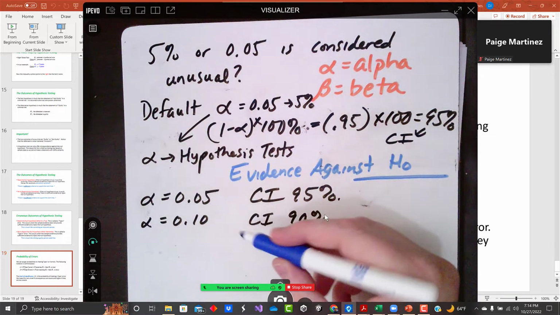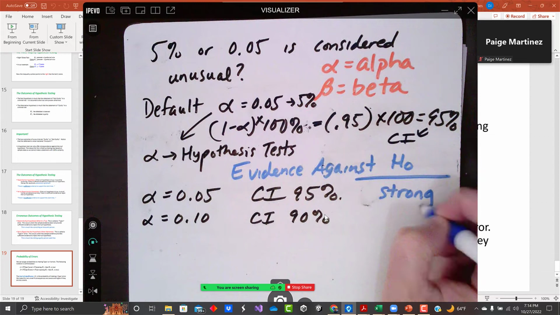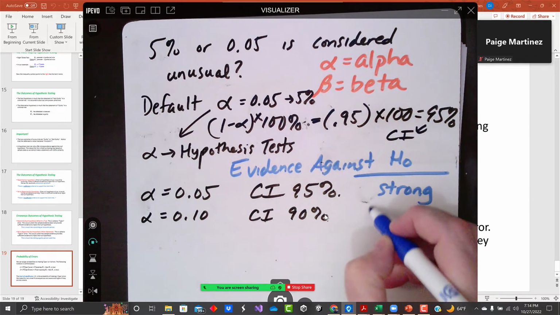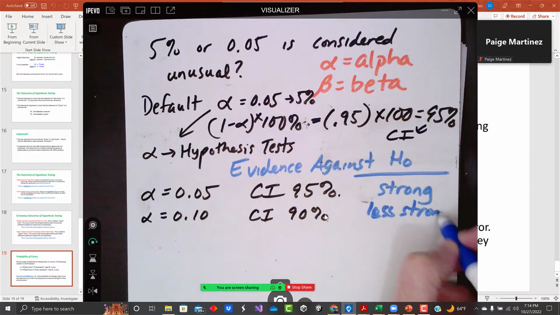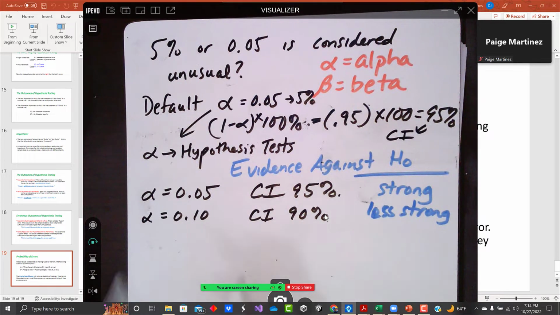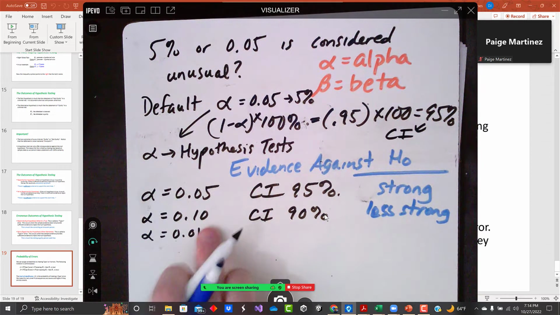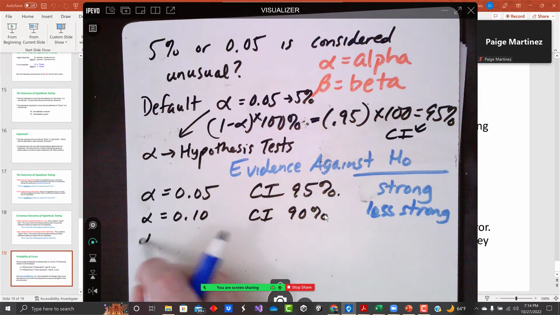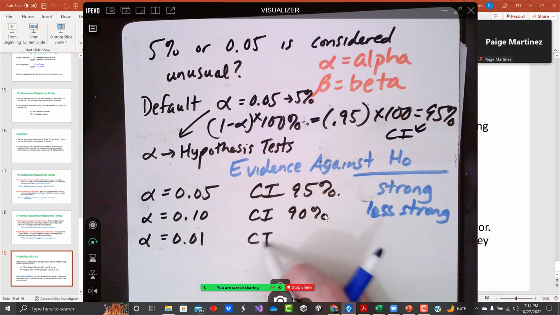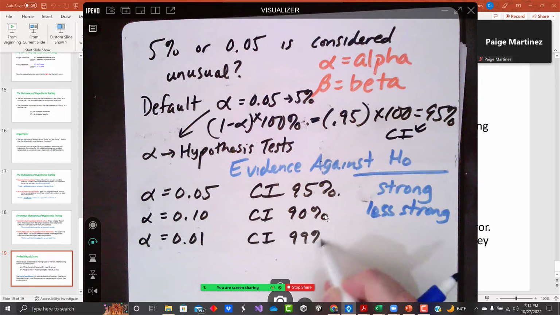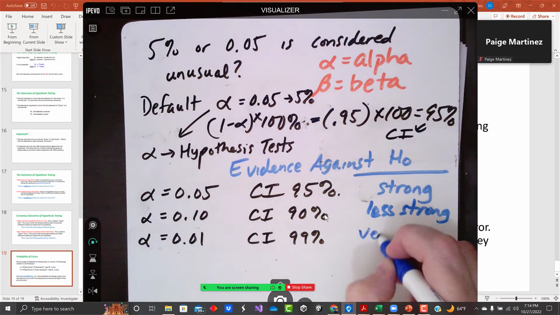When we have alpha equals 0.05, we have strong evidence. This is less strong. When alpha equals 0.01, the CI is 99%. This is considered very strong evidence.